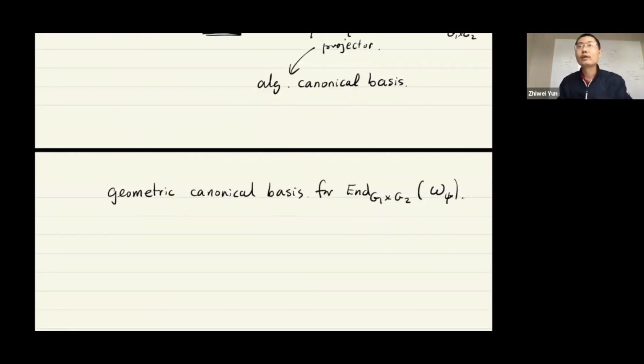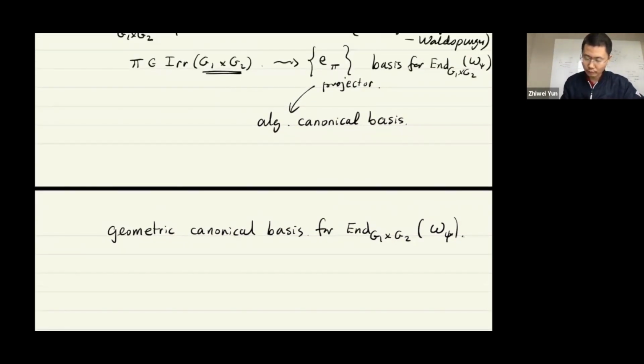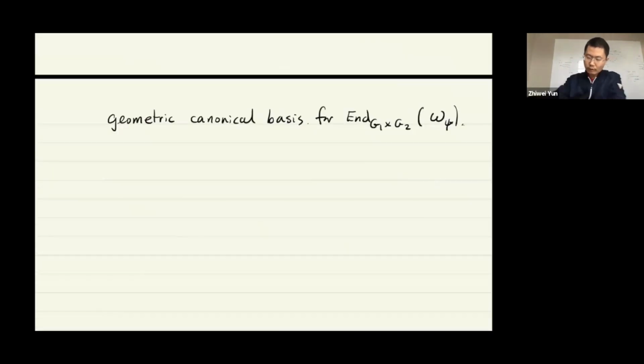Okay, so the goal is to find another basis of geometric flavor. So why do we expect such a basis to exist? Well, we can rewrite this ring a little bit.